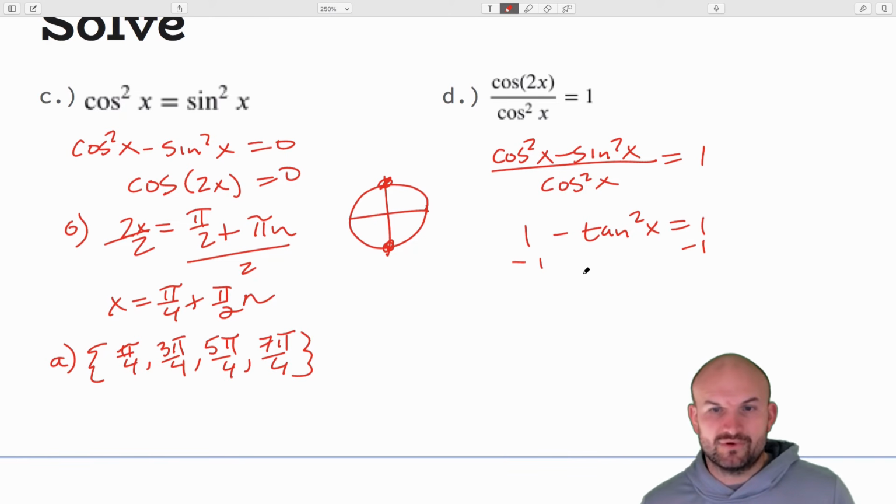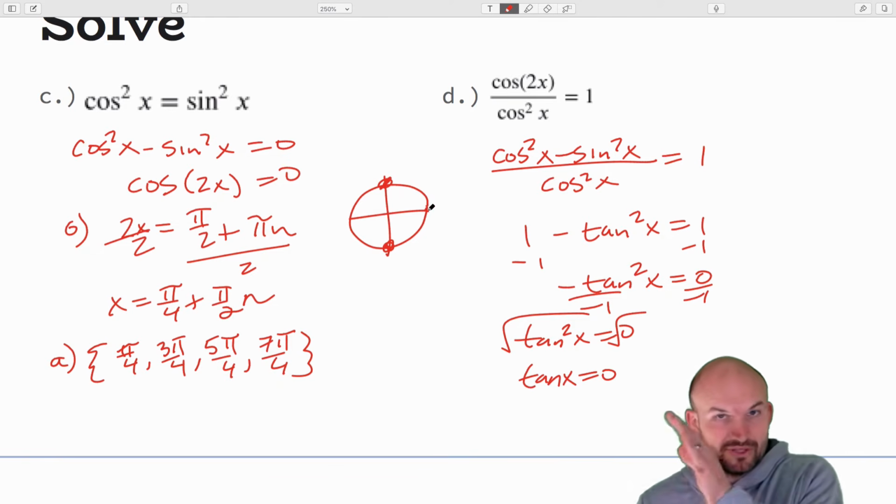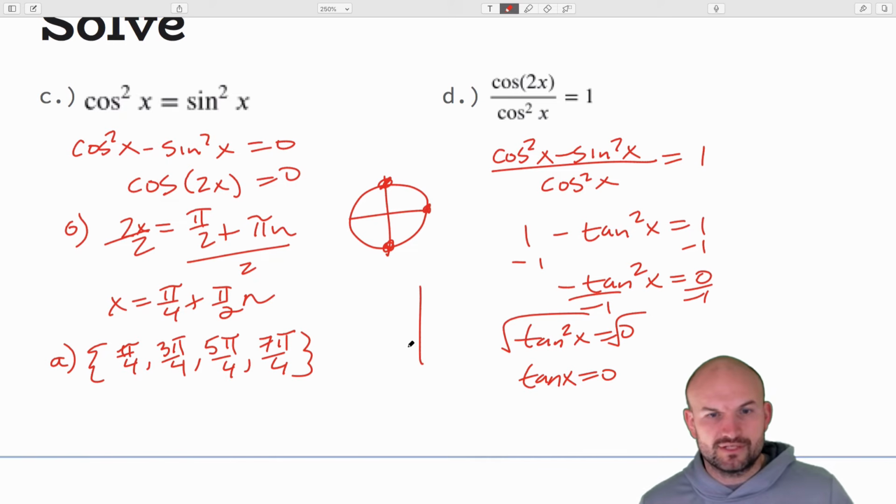You could subtract 1 here. So then I have a negative tangent squared of x equals 0. So divide by negative 1 here. And now we're going to have tangent squared of x equals 0, take the square root. And again, you're going to have tangent of x equal to 0. Well, tangent, remember, is the y coordinate over the x coordinate. So let's do another circle here.